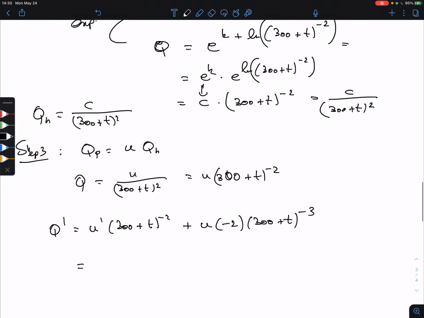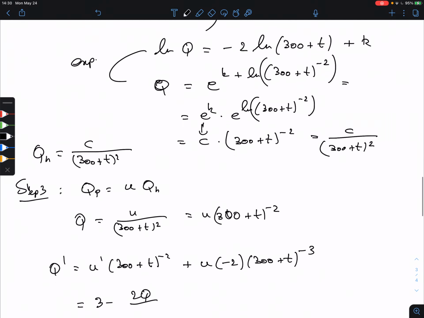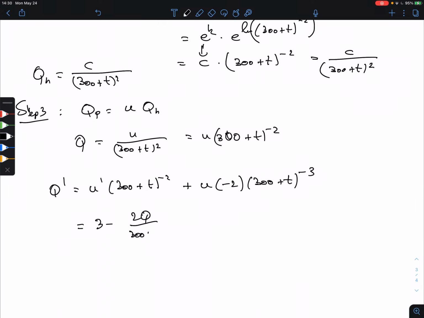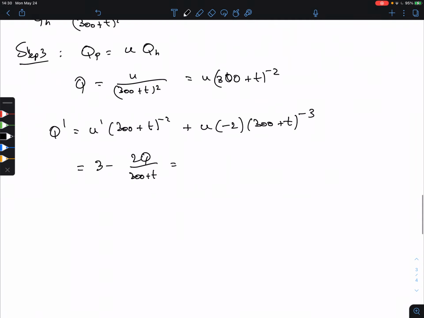So this would be 3 minus, let me write it up one more time, I'll copy it, 2Q over 300 plus t. So this would be 3 minus 2Q, where Q is u times 300 plus t to the power negative 2, and then that is divided by 300 plus t.